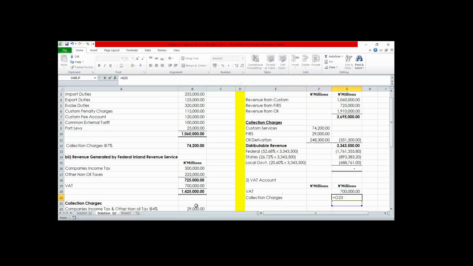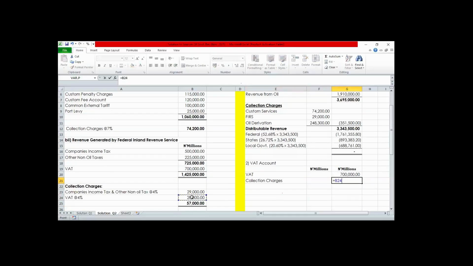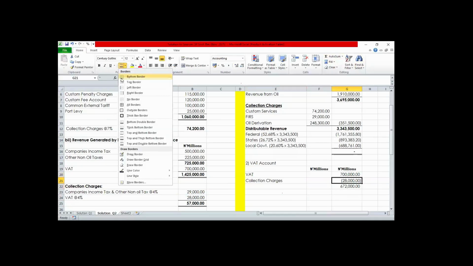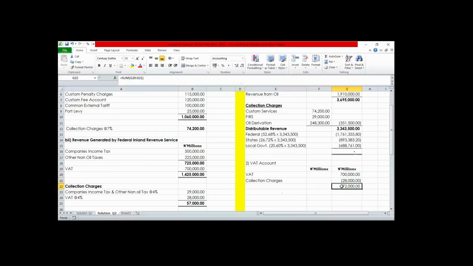We did the calculation, that's 28,000. We deduct it. When we deduct it, our answer will now be this. This will now be distributable revenue.